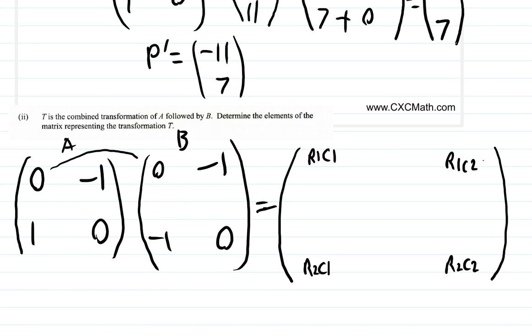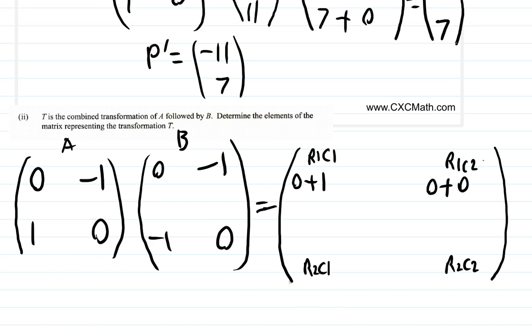First in row 1 times first in column 1, 0 times 0 is 0, plus second in row 1 times second in column 1, negative 1 times negative 1 is positive 1. And here row 1 by column 2: 0 times negative 1 is 0, plus negative 1 times 0, which is 0.